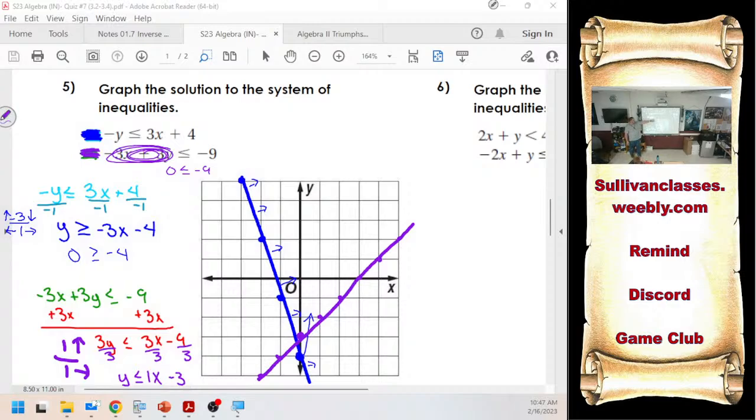Flat broke is worse than owing $9. No, I don't want to owe money. So it's better. So I shade towards the 0, 0. Or again, this says y is less than, it's false, so I shade away from.